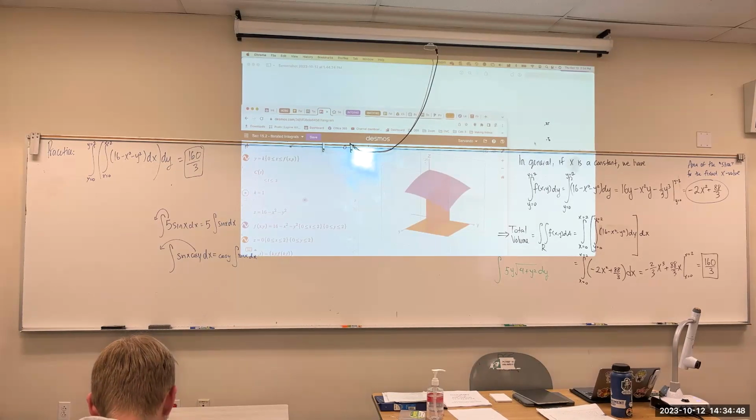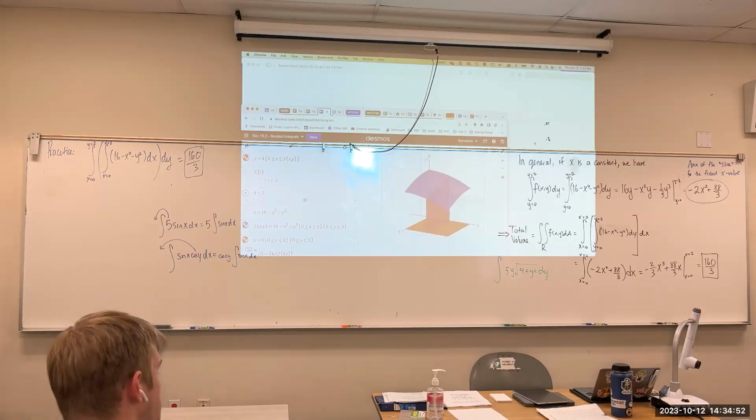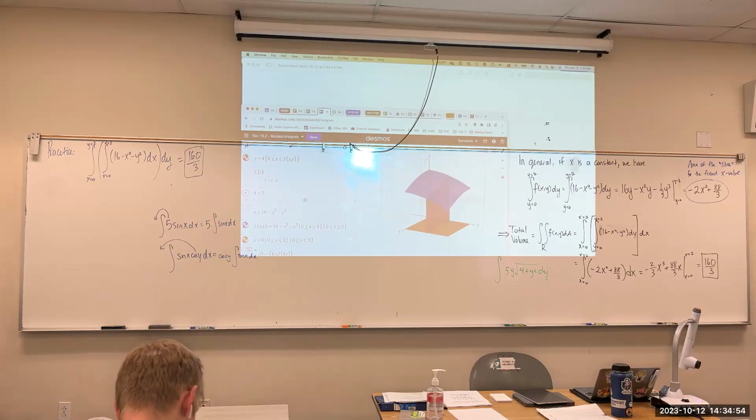Really bad. Why? No, you just plug the natural log y back in. I'm requisitioning it. Why isn't your natural log squared? Now or over here.